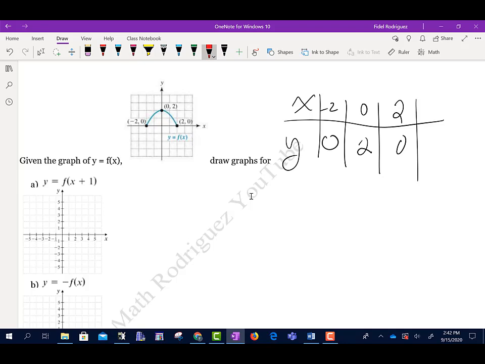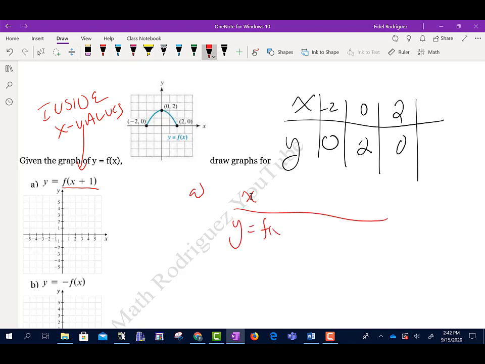All right, so let's do part A. Look where the plus 1 is. It's on the inside. If it's on the inside, I'm going to change my x values.